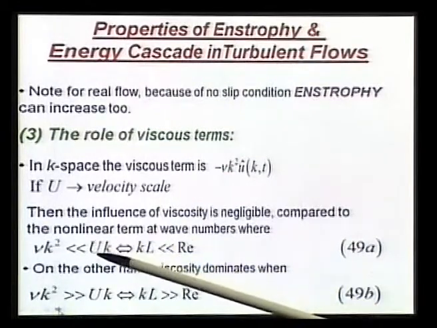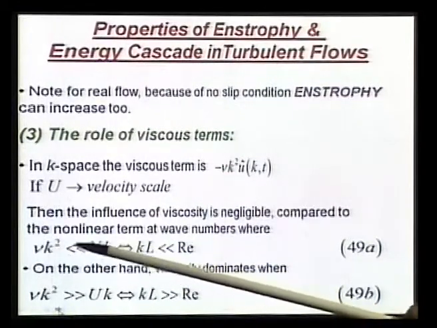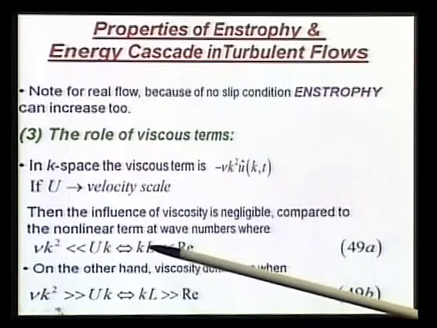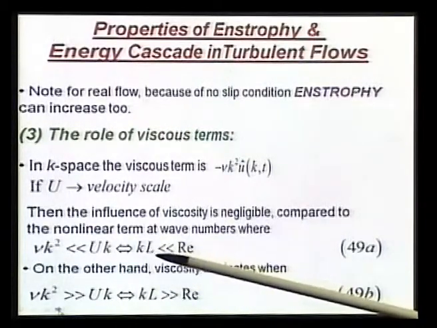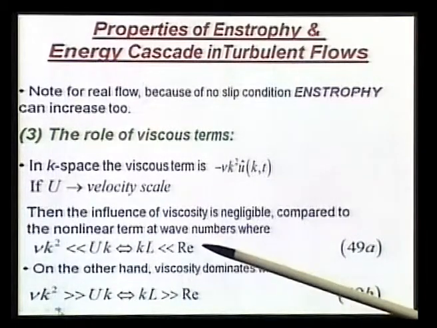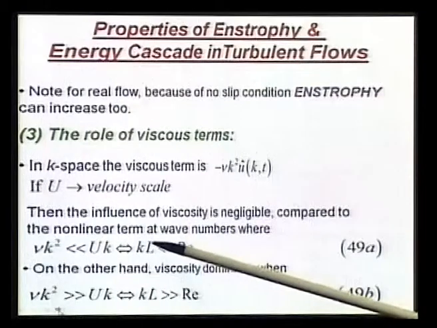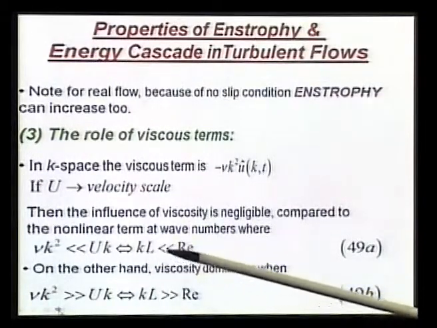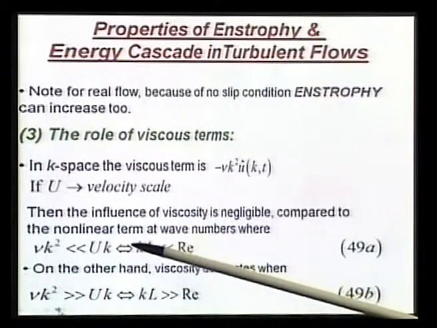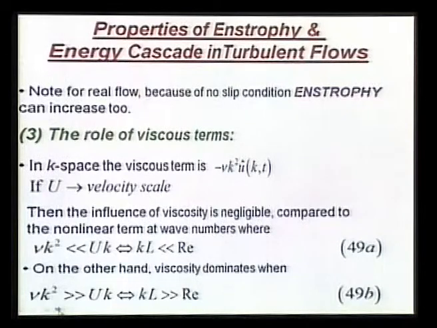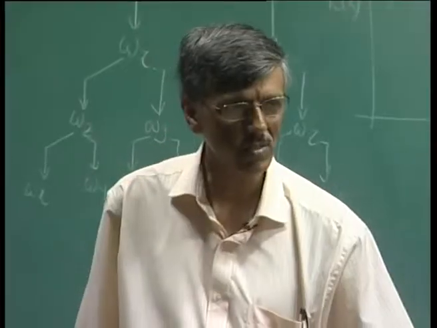So, if the viscous term is less, then what does it correspond to? That this k L is much smaller compared to R e. So, what does it mean? These are the places where viscous effects are going to be negligible. And which are those cases? They are the large scale cases, right.